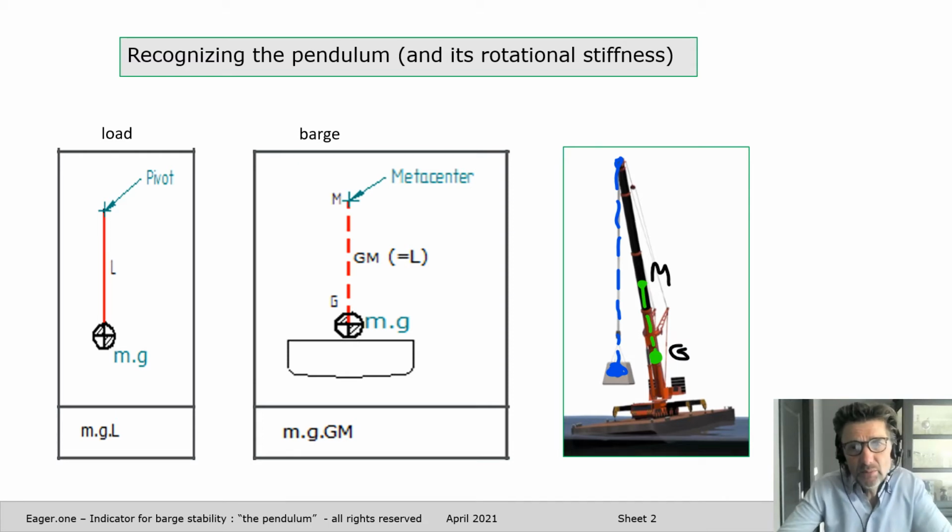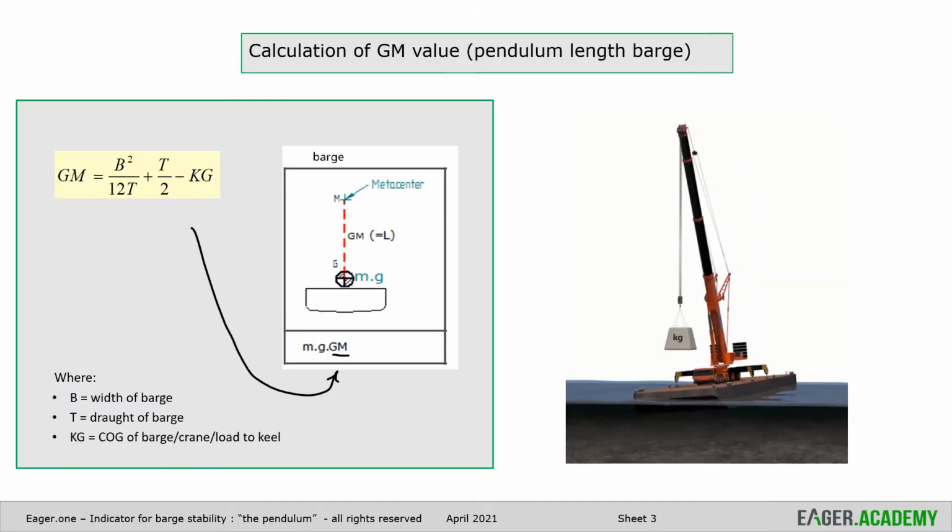This is about these pendulums. In the last sheet we have seen two pendulums. One of them was the GM pendulum. The length of this pendulum is the GM value. And this GM value is determined, as we can see in the formula at the top left, by three variables: the width of the barge, the draft of the barge, and the COG of the barge.